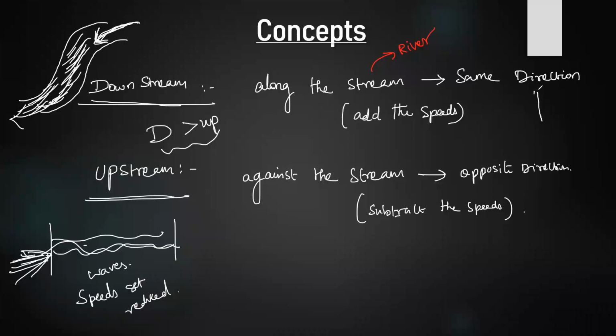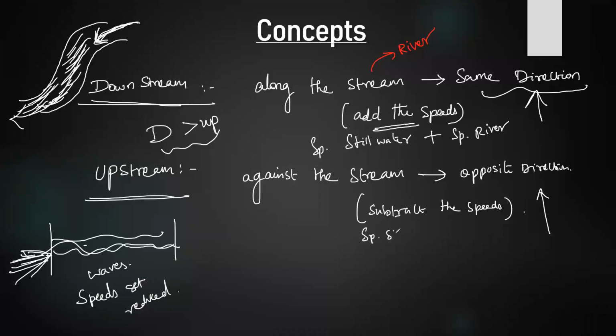We have two types, the train problem and the boat problem. In the train problem, same direction we subtract, but in the boat problem, same direction we add. That is the main difference. The rest is the same: converting kilometers per hour to meters per second, the speed formula, the distance formula. Only the direction changes. Same direction, add the speeds; opposite, subtract the speeds. That's all. And we have four formulas to find.